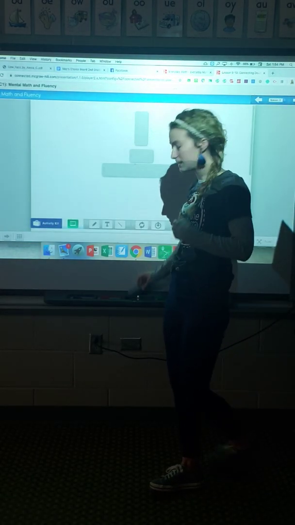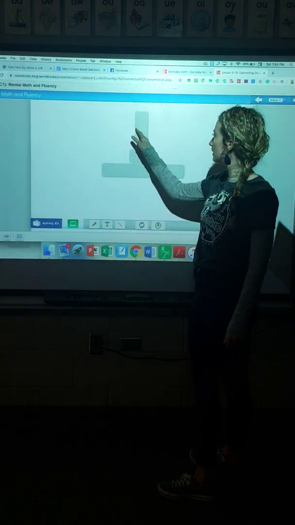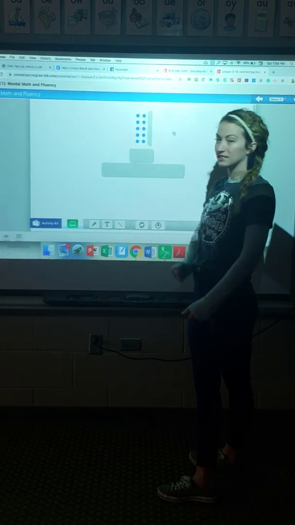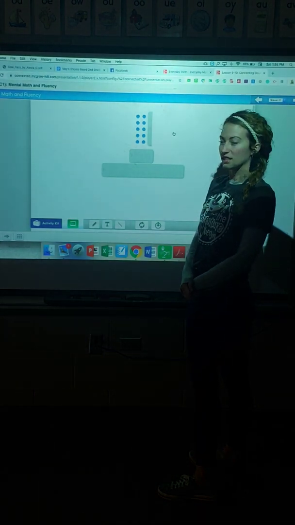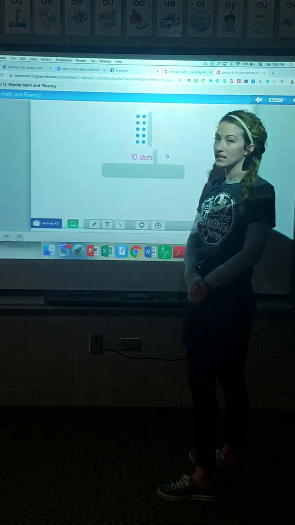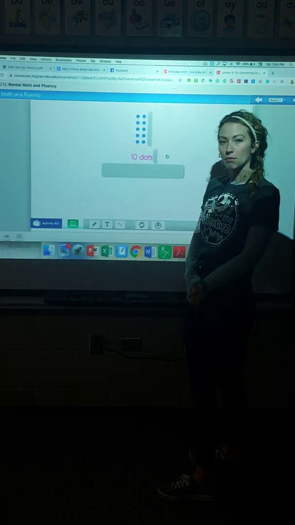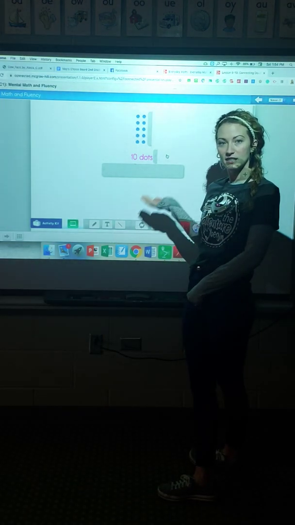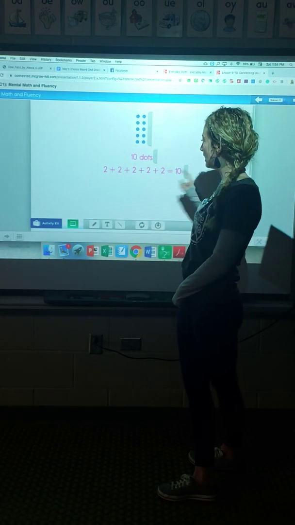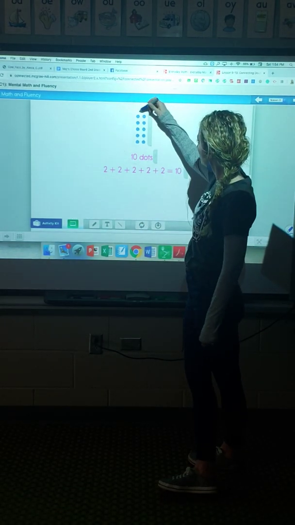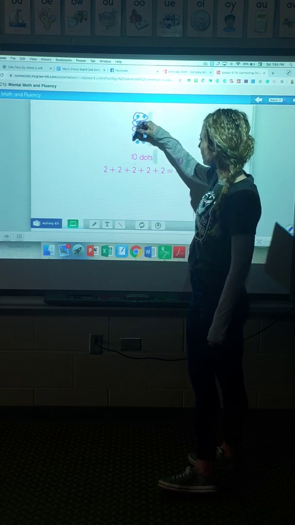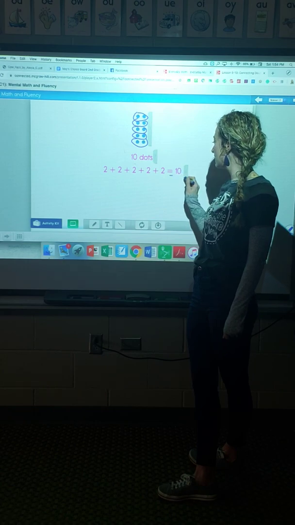All right, so let's see how many dots we have. You guys can read that. So there are 10 dots. Let's see what number model the computer gave us, and then we'll figure out the next one. So our number model, they gave us 2 plus 2 plus 2 plus 2 plus 2, which equals 10.